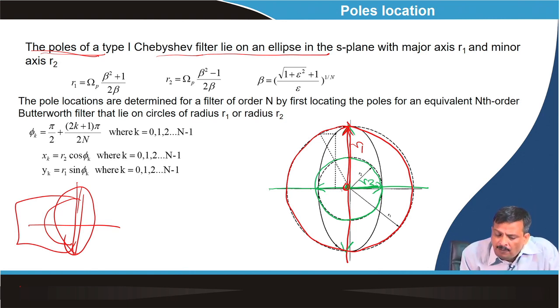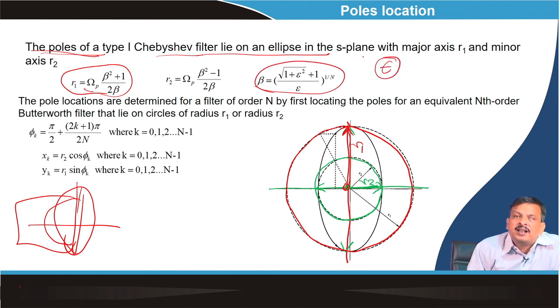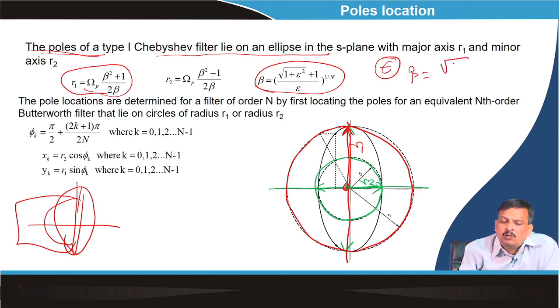Then what is the value of R2 and R1? R2 is equal to omega p into beta square plus 1 divided by 2 beta, where beta depends on epsilon. Epsilon is the passband ripple. If epsilon is equal to 1, then beta is equal to root over of 1 plus 1, plus 1, divided by 1.